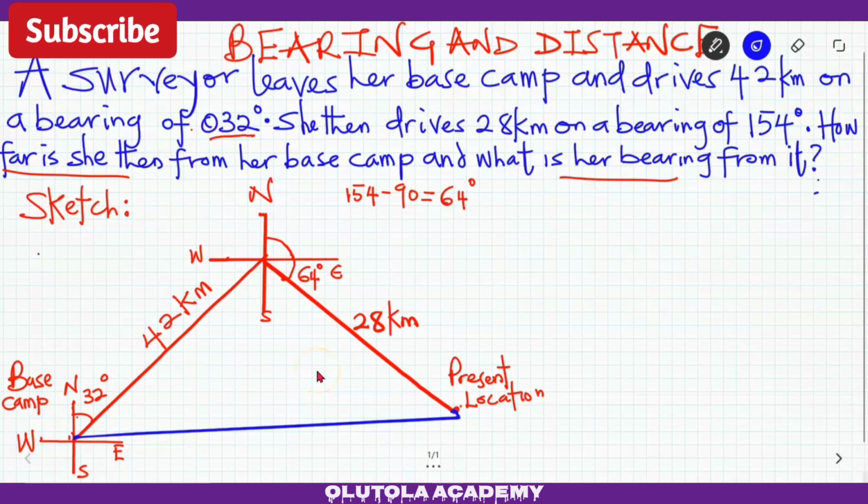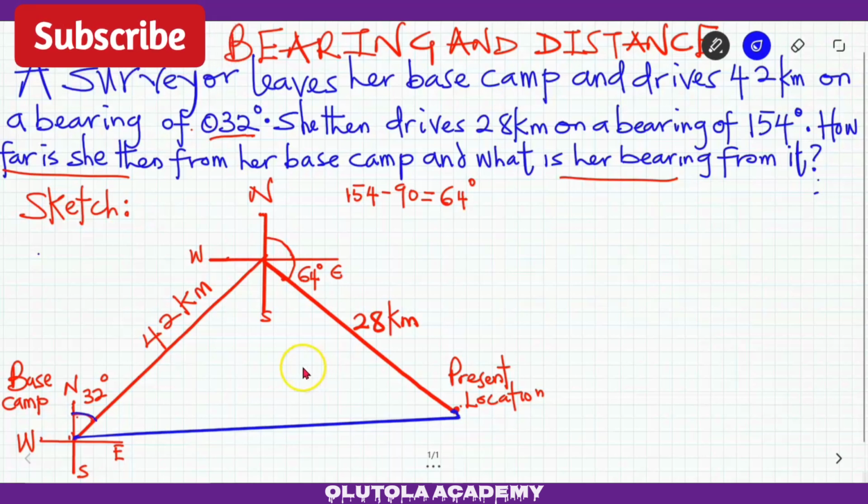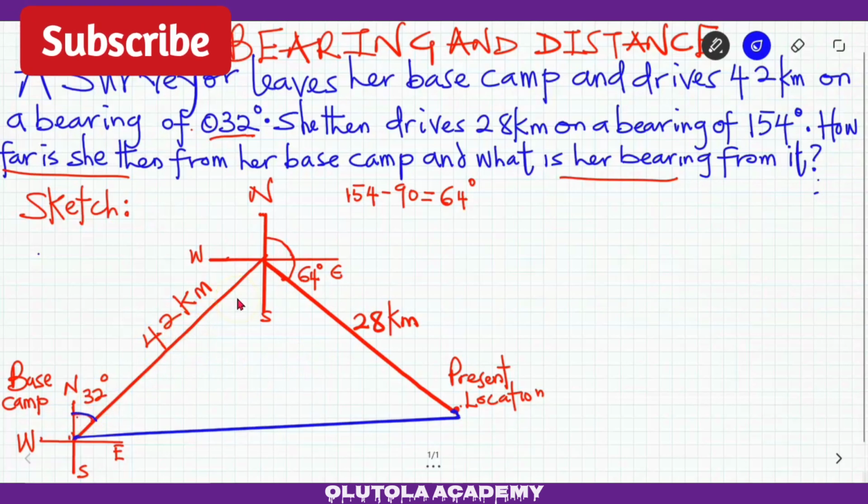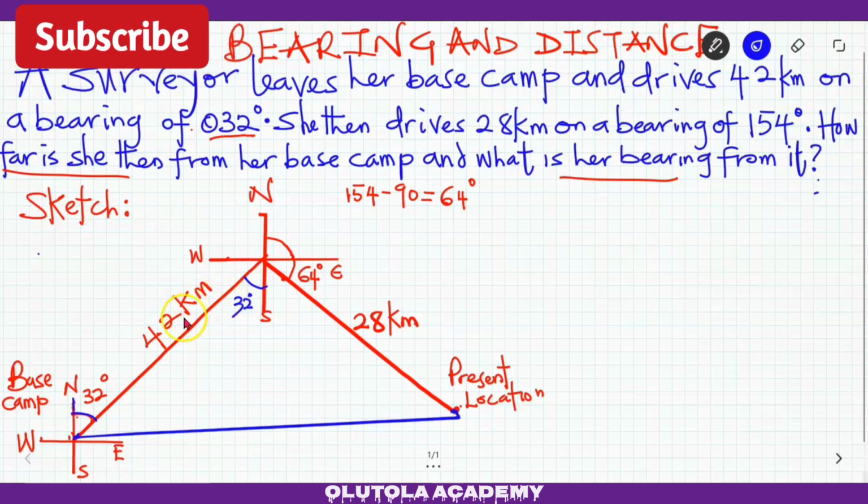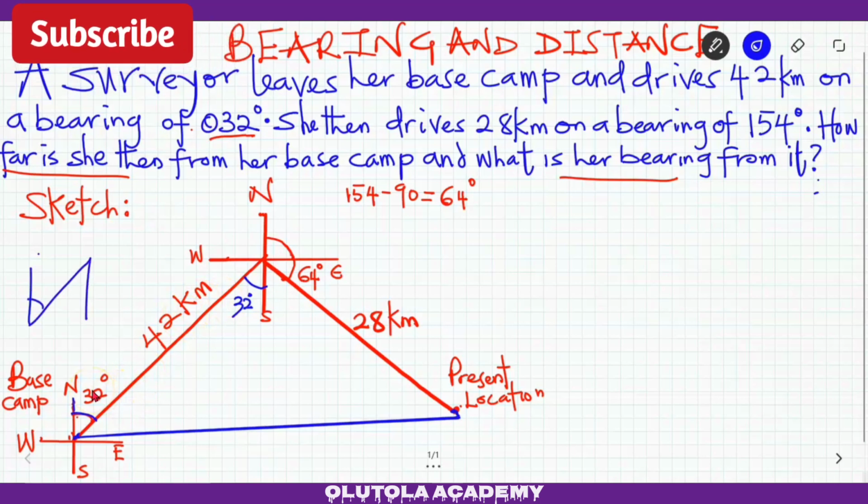Before I proceed, according to angles, we have here to be 32 degrees, and alternate angle says that this will also be 32 degrees. When you look out for one kind of a Z, like this, here is 32, that means here will be 32.